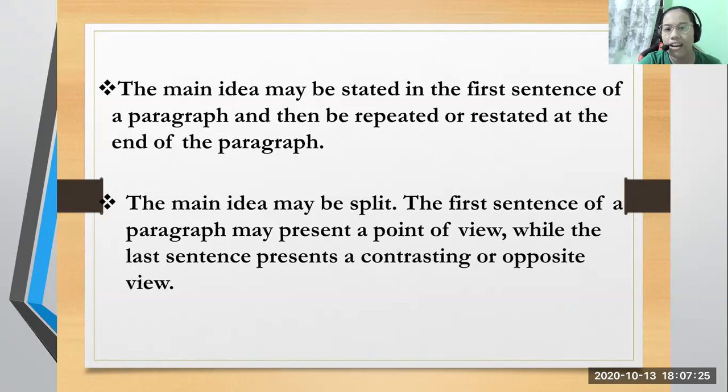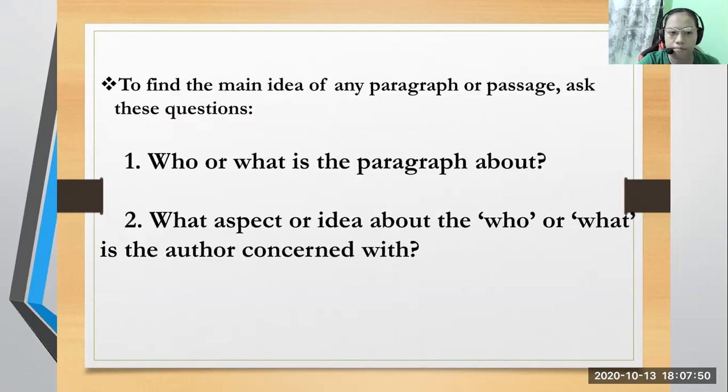So you can usually find it in the first sentence of a paragraph. But that is not the only place you can find the main idea, because you can also find it in the middle or at the end. And at times, we also have a split main idea. So later on, you will see some examples of what I am trying to say.